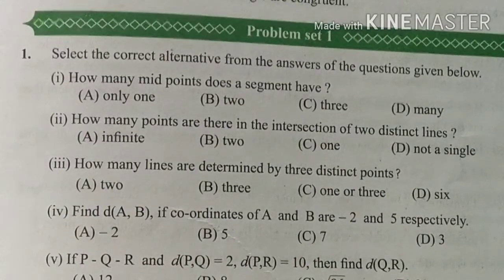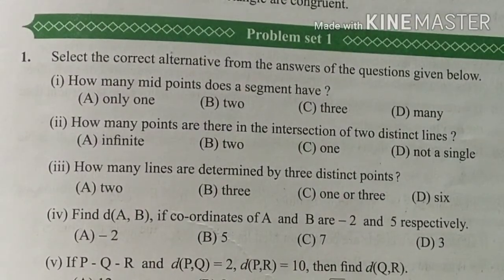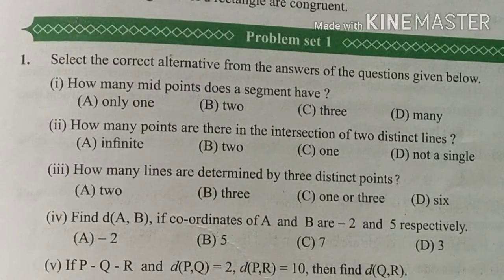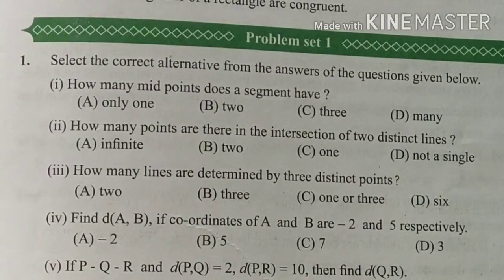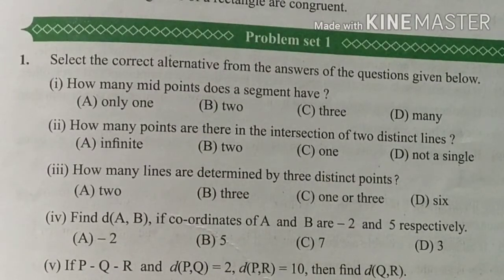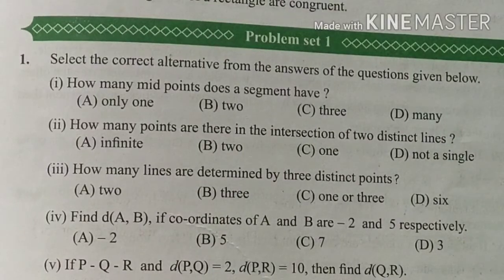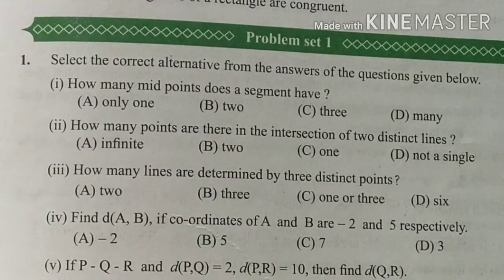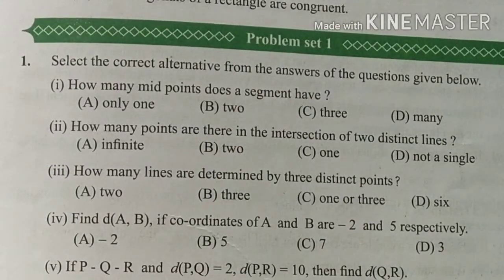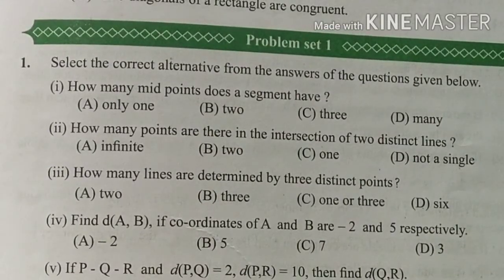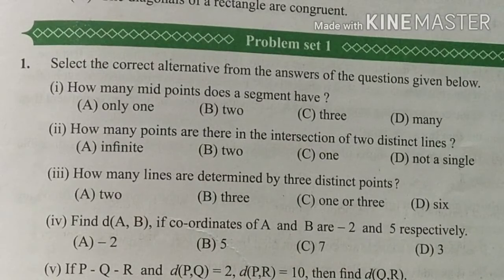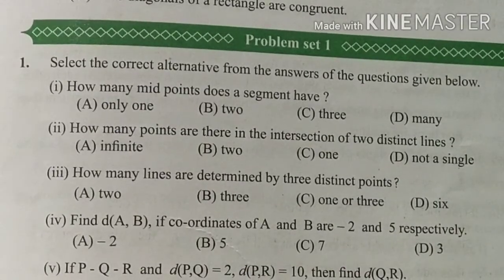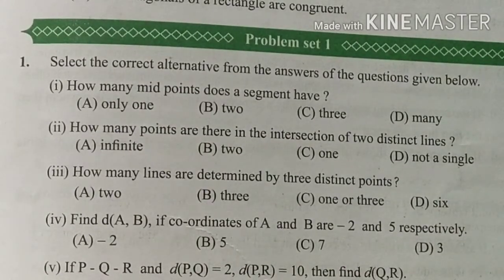Okay students, now we start with our problem set 1. The first question is: select the correct alternative from the answers of the questions given below. These examples are compulsory in the exam for 2 marks, multiple choice objective questions. The first one is: how many midpoints does a segment have?